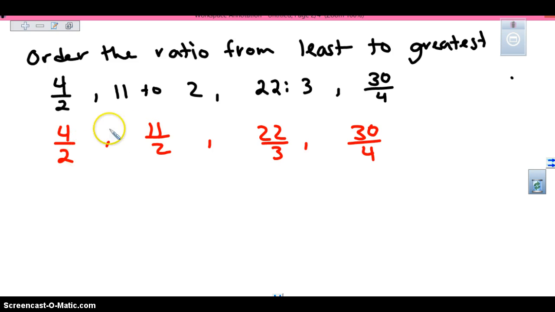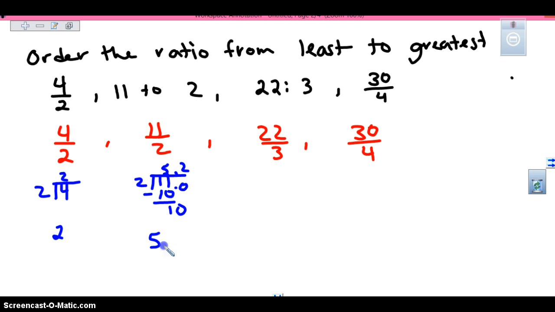So wouldn't it be easy to change all of these to decimals? We can change them all to decimals. 4 divided by 2 is 2, so we're going to compare it to 11 divided by 2, which is 5.5. 22 divided by 3. 3 goes into 22 7 times, and this would be a repeating 3, right?